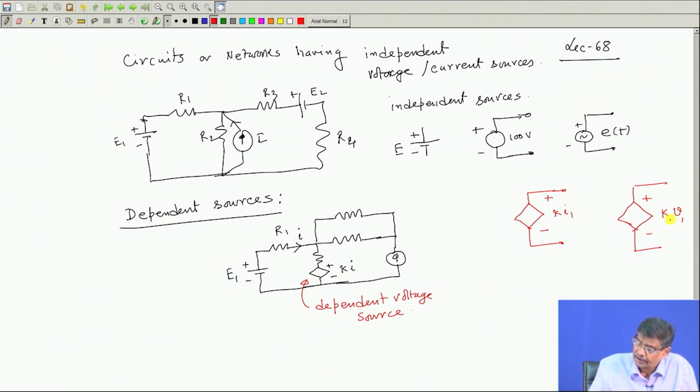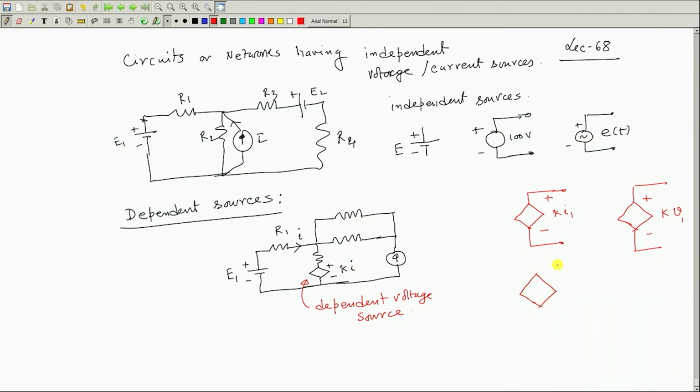Similarly, you can have a dependent current source, which will also be represented by a diamond shape like this, but this time, instead of polarity, the direction of the current will be mentioned. So these are dependent voltage source representations I am talking about.